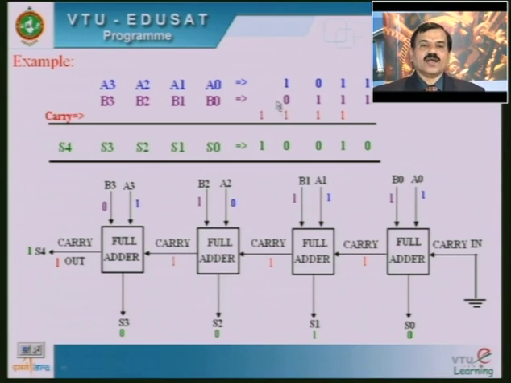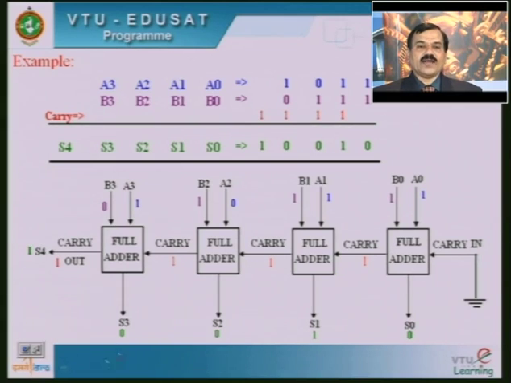So in the last full adder, B3 value is 0 and A3 value is 1. Along with that, if you add carry, 0 plus 1 is 1, 1 plus 1 is 2, that can be represented as 1 0 in binary. So that 1 is made available as carry and the output termination of carry out, and S3 is considered as 0. So that carry out we are indicating as S4.